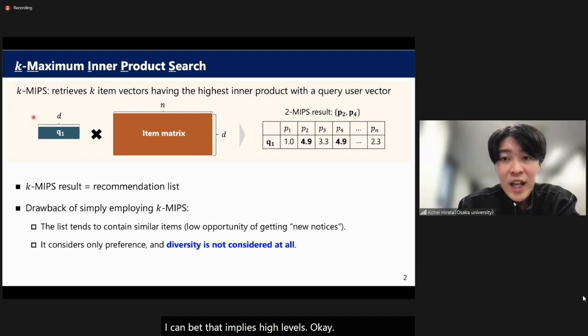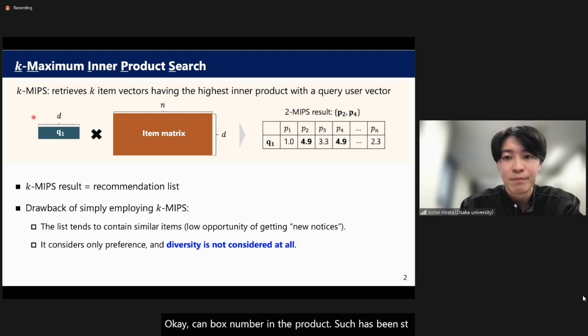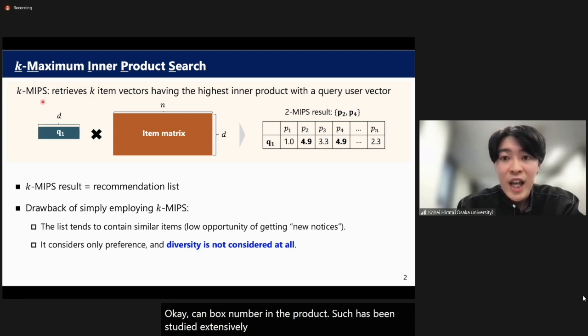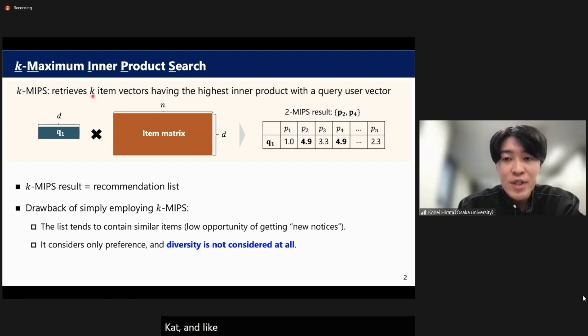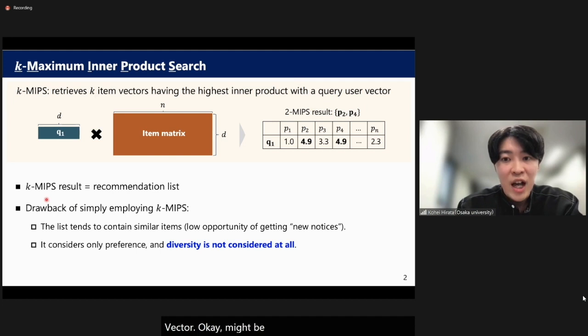Then, K-maximum inner product search has been studied extensively. K-MIPS retrieves K item vectors having the highest inner product with a query user vector. A K-MIPS result corresponds to a recommendation list.